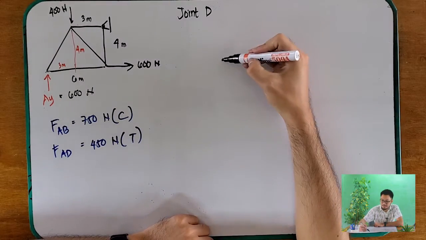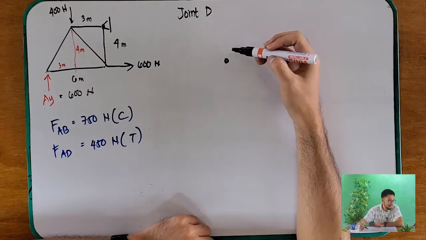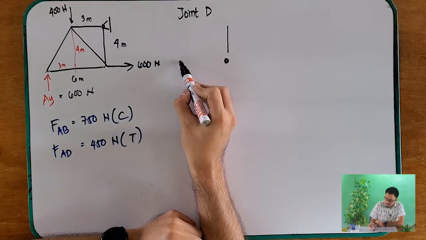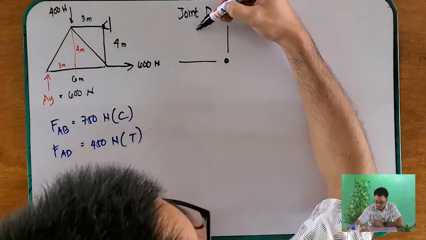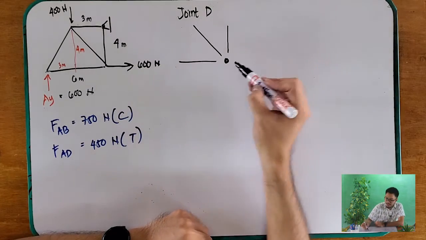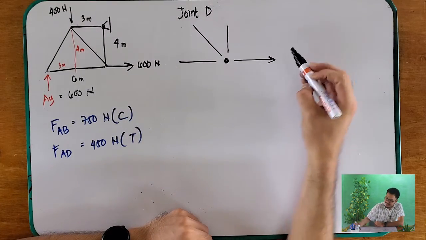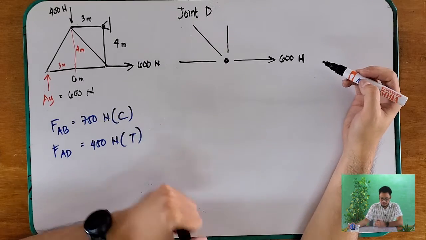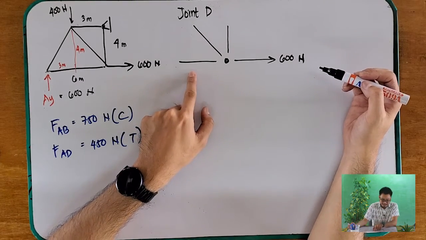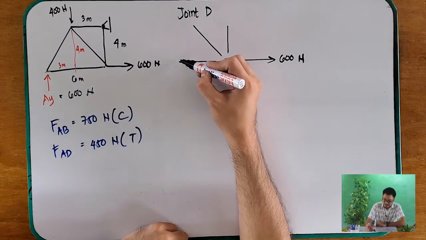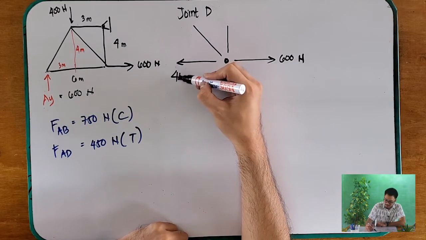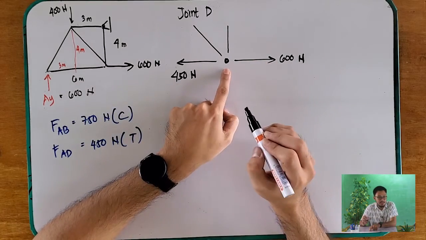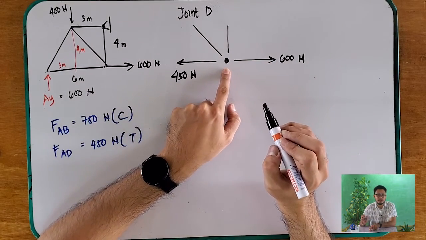So this is the free body diagram of your joint D. So this is your 600 newtons. This is your FAD, which we already solved as 450 newtons in tension. So this is going away from your joint.